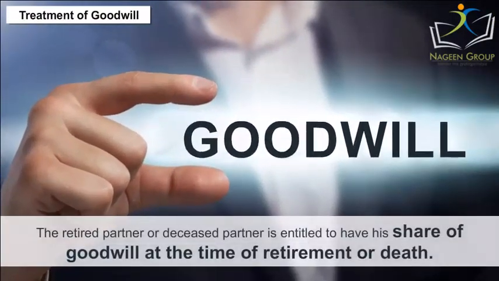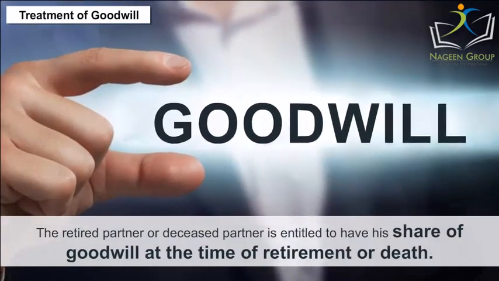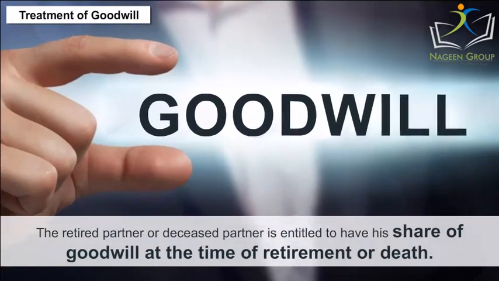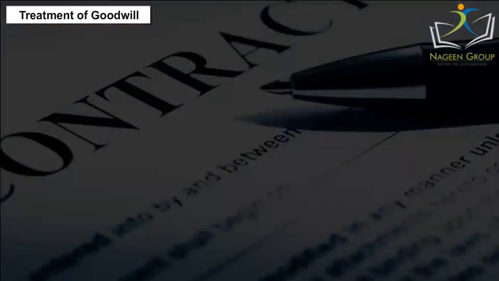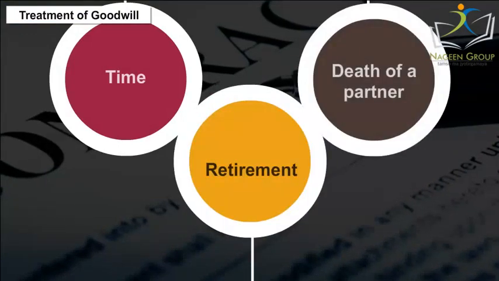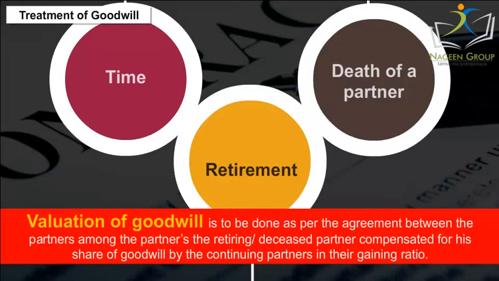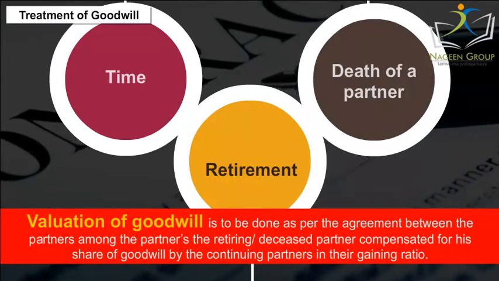The retired partner or deceased partner is entitled to have his share of goodwill at the time of retirement or death. So, at the time of retirement or death of a partner, valuation of goodwill is to be done as per the agreement between the partners.